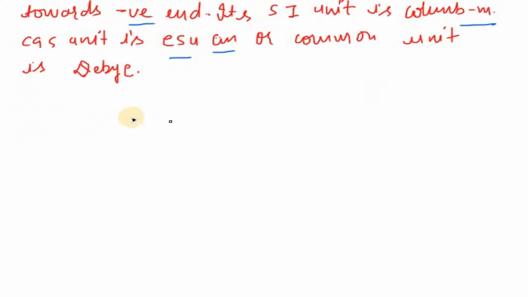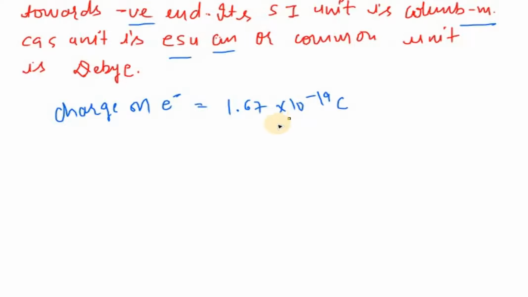Now, the charge on the electron is given by 1.6 into 10 to the power minus 19 coulomb, and it is also written as 4.8 into 10 raised to the power minus 10 electrostatic unit, ESU.